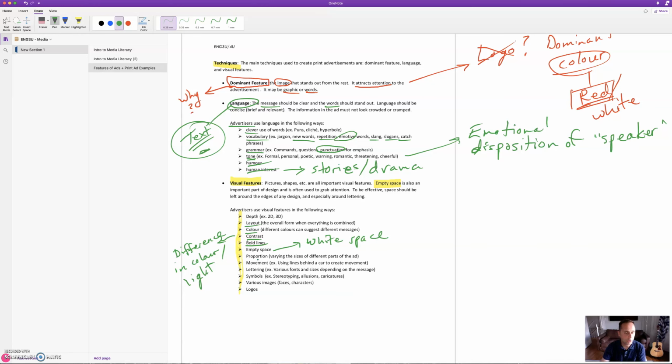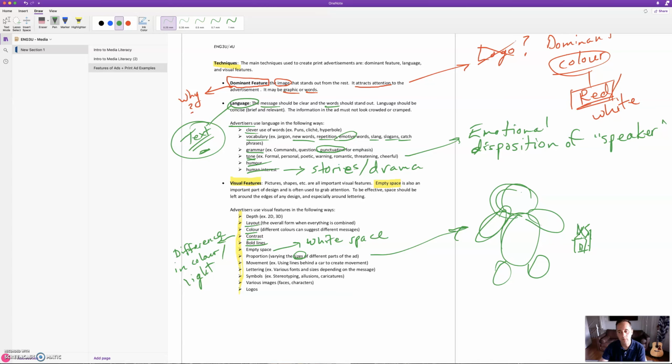How about the proportion, the sizes of stuff? Maybe they make a person really big, and then make the house really small. And maybe they're advertising insurance for your house, and this guy is maybe a crazy monster, like a Godzilla is gonna step on the house.